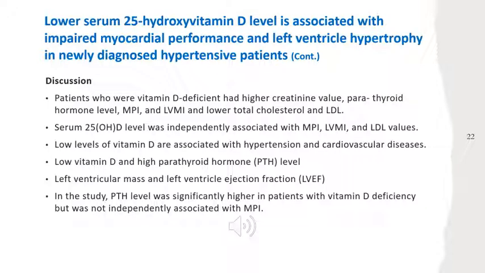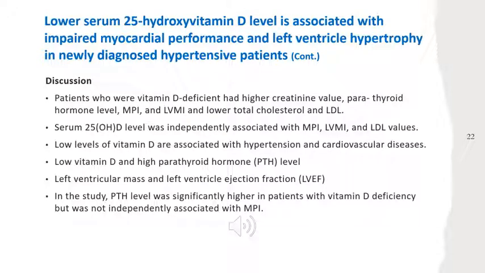Recent clinical studies show that low levels of vitamin D are associated with hypertension and cardiovascular diseases such as myocardial infarction and congestive heart failure. The antihypertensive effects of vitamin D include suppression of renin and parathyroid hormone levels and renoprotective, anti-inflammatory, and vasculoprotective properties.